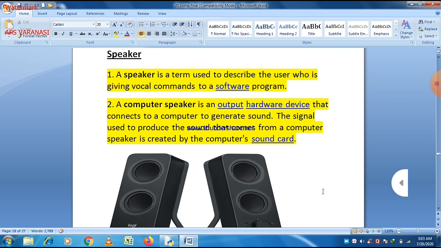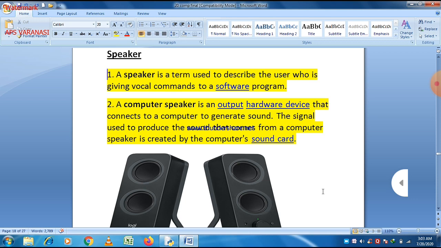First of all, make a table with two columns in it, input devices and output devices, and write all input devices on one side, and write all output devices on another side.